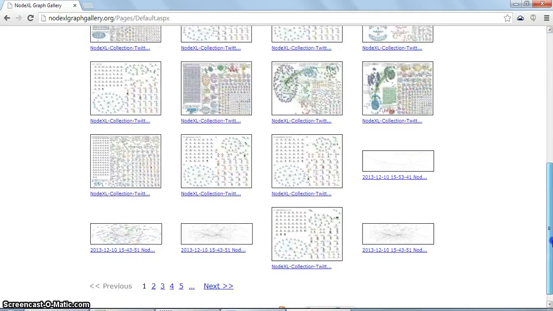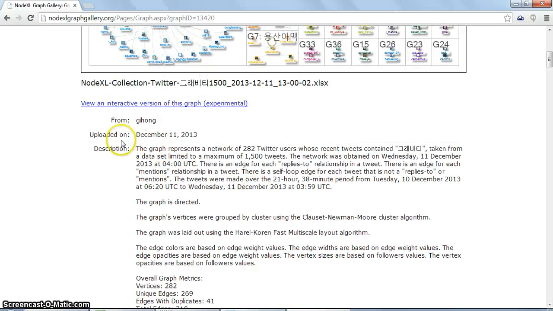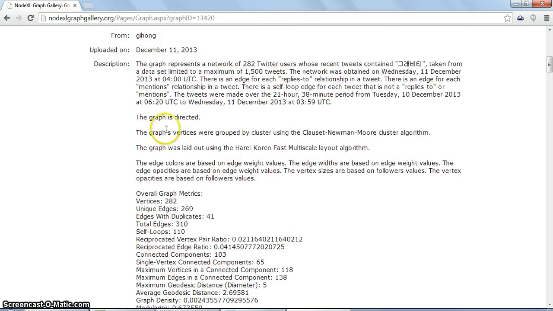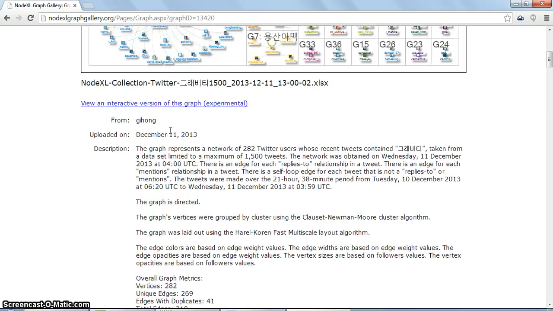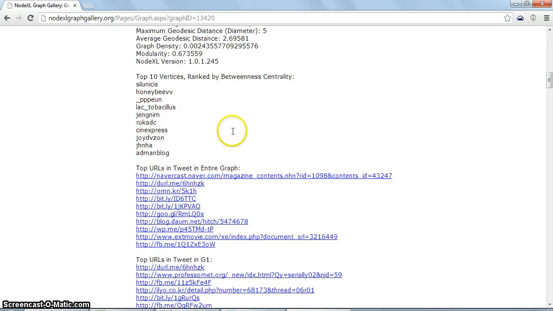You can download the graph, you can click on the graph and see what the data consists of. In this example, the data is being collected from Twitter, and the information regarding the overall graph matrix is given.